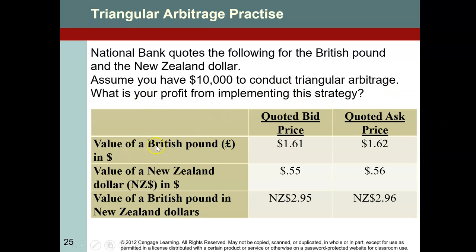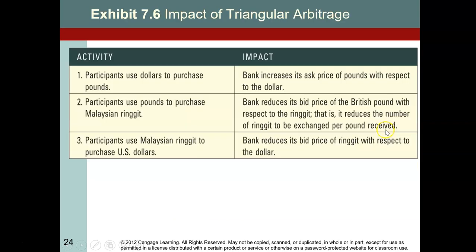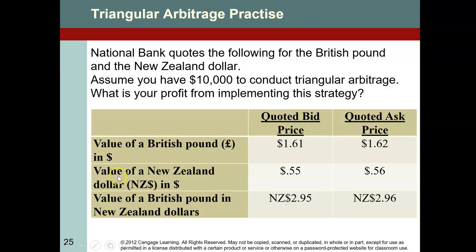We have the value of the British pound in dollars as 1.61 bid and 1.62 ask, the value of the New Zealand dollar in US dollars as 0.55 bid and 0.56 ask, and the value of the British pound in New Zealand dollars, the cross exchange rate, is 2.95 and 2.96 for bid and ask.